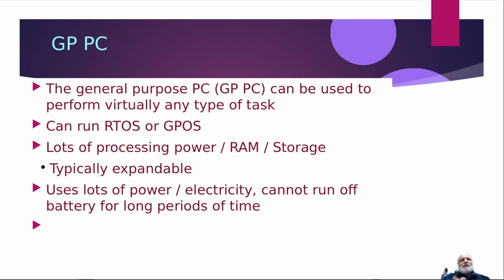So you can have just an ordinary PC or laptop, and there are several different real-time operating systems out there. And again, the difference between the real-time and the general purpose GPOS is the fact that the real-time has some extra timing aspects to it, which you can use.